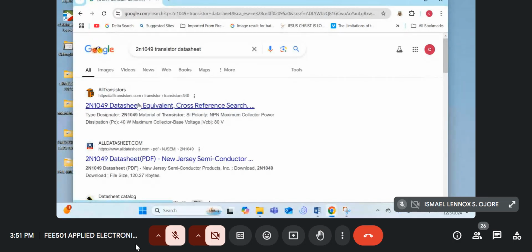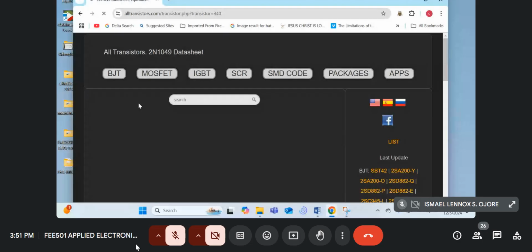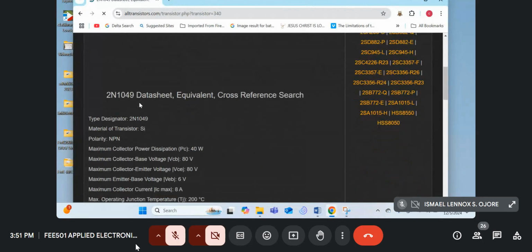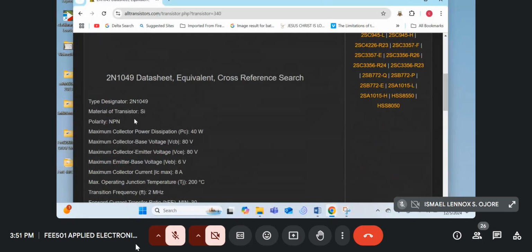So this is a power transistor. It's an NPN. It's a 40 watt.